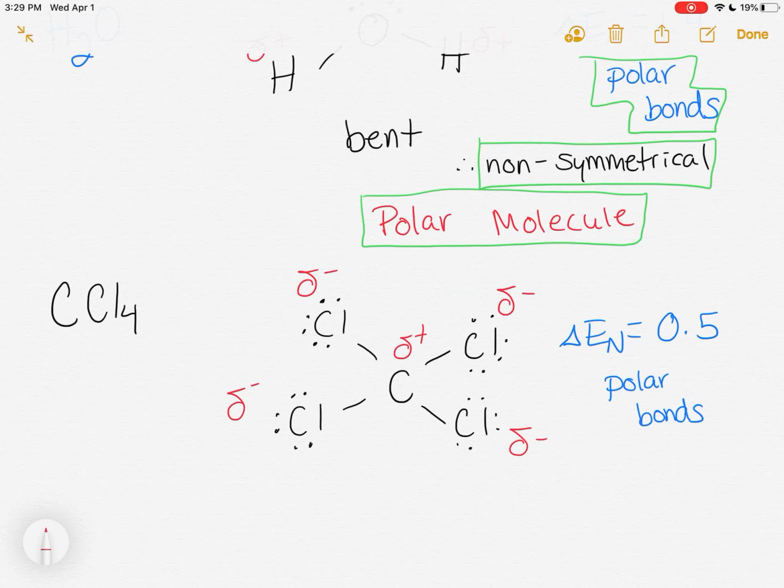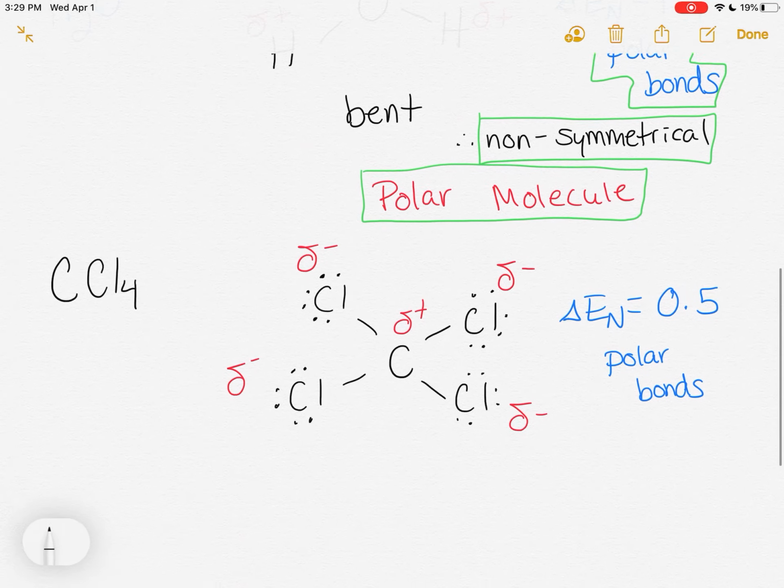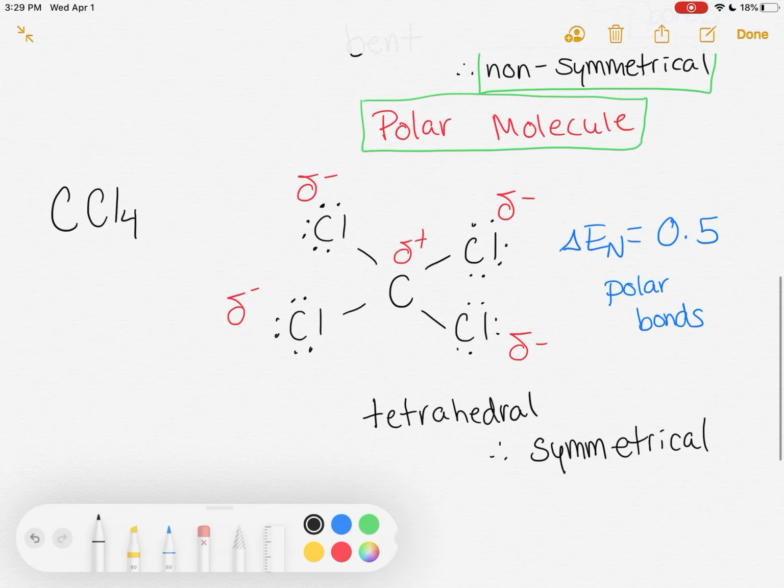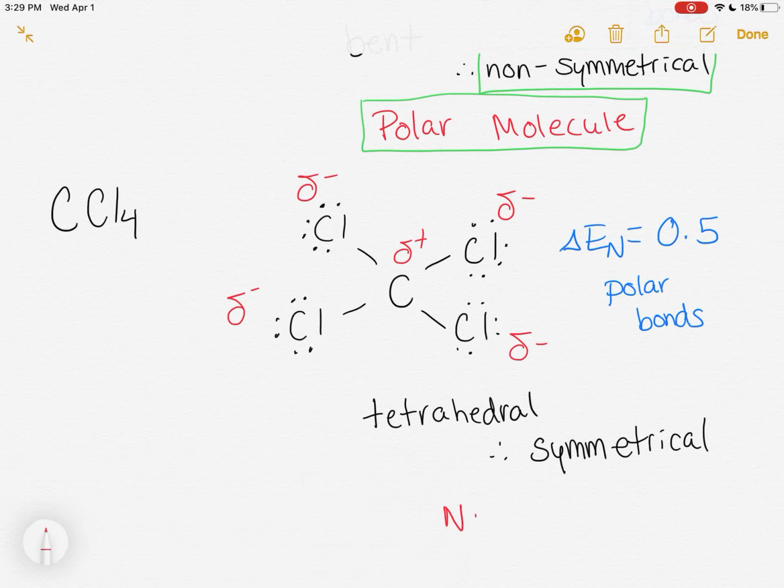Okay. And when we're looking at the shape for this molecule, we've got 4 bonds coming out of our carbon, and so this is a tetrahedral shape. Tetrahedral happens to be a symmetrical shape. And so that is going to mean that our molecule is actually nonpolar.